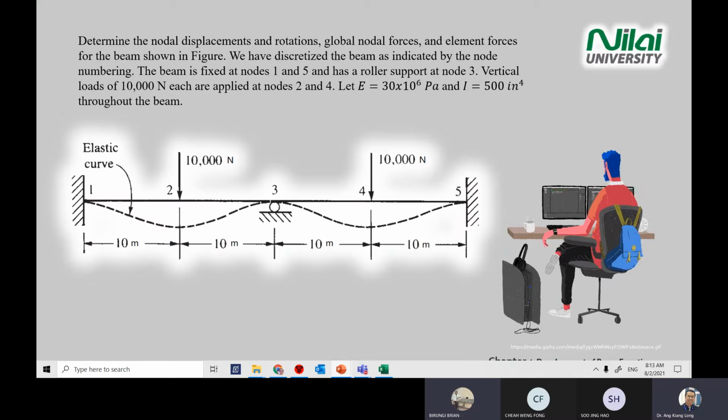Brian, are you clear with the question? Do you understand the question? Sir, yes. How many elements you can construct from this question? Just now Sue mentioned 5 points, 1, 2, 3, 4, 5. So how many elements you can build from this diagram?